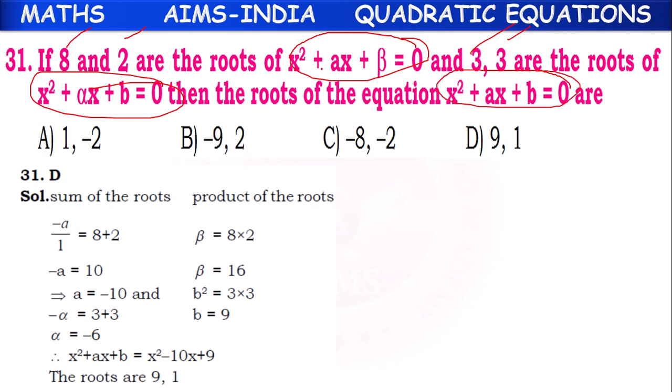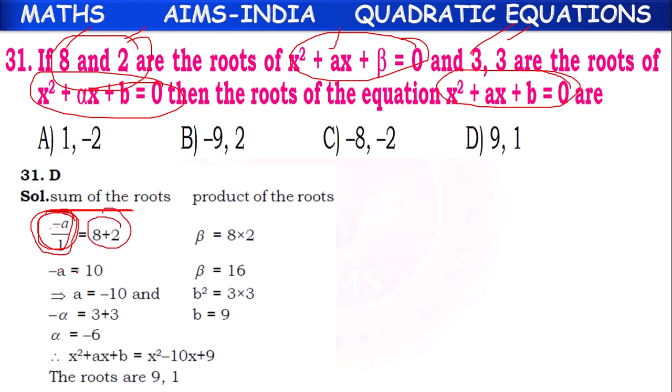So first equation, sum of roots is minus b by a. Here the b value is a, so minus a by 1, which is equal to the sum of roots 8 plus 2.